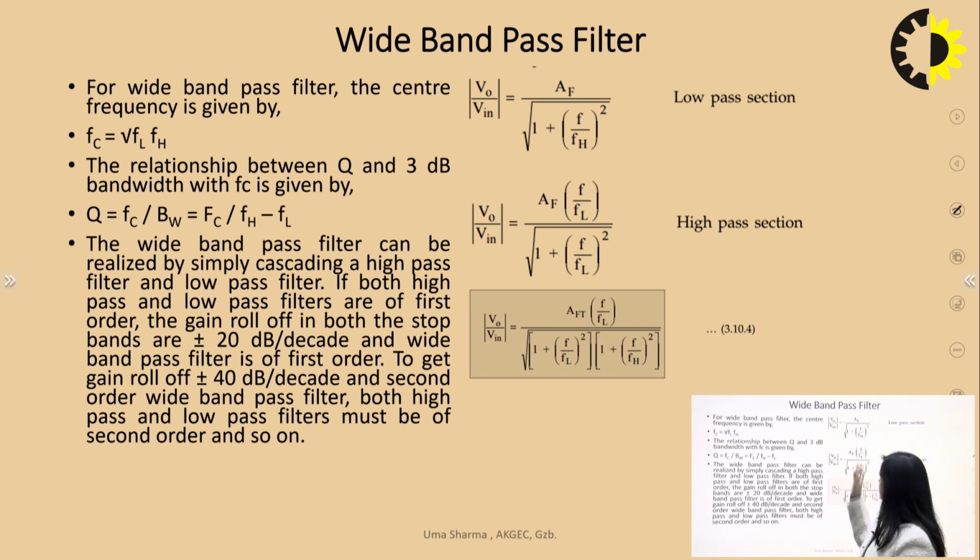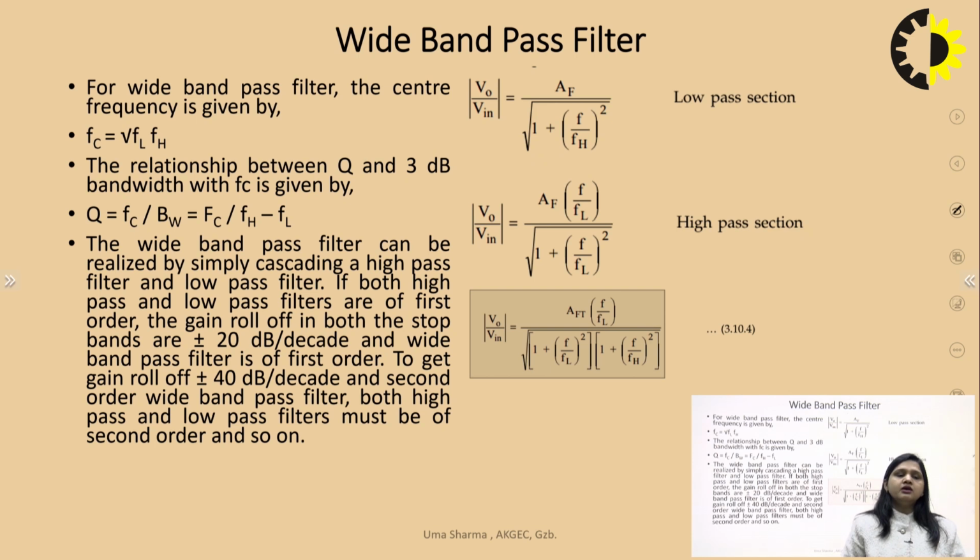These are some other designing parameters, like we should know what is the gain of the low pass section and what is the gain of the high pass section. So for low pass section, this is the frequency response equation or the gain equation, VO by Vin. VO by Vin is the total gain, and that is equal to AFT, which is the passband gain, and that will depend on the higher cutoff frequency, that is FH.